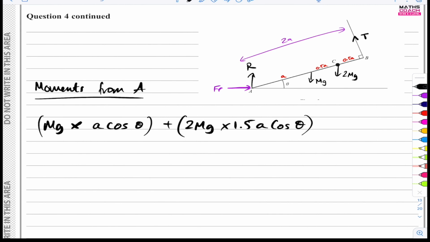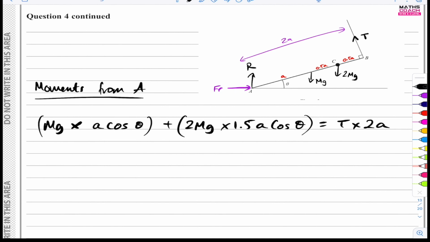Now I've done all my clockwise. Anti-clockwise is T. So it's going to be T times what? Well, look, T and the distance to this is already perpendicular. So it's going to be the force T times by, well, this is 2a. So it's just going to be T times 2a.